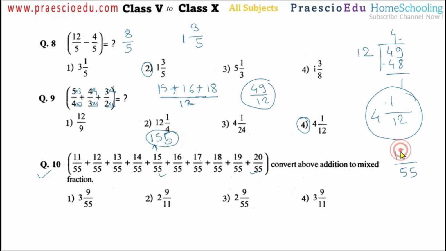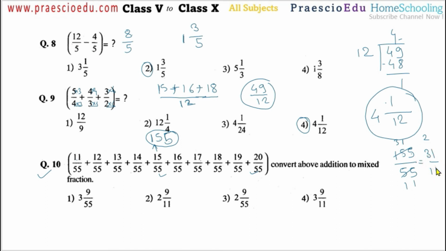So this is 155. So now here we have to take out a common factor, so 5 we can take out, so 5 threes are 15, and 5 elevens are 55, okay, so 31 divided by 11. But all the options are in mixed fractions, okay. So 11 twos are 22.